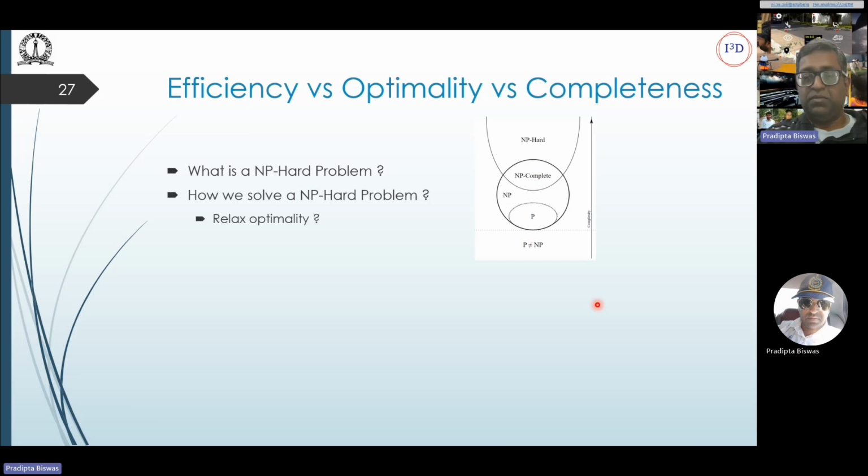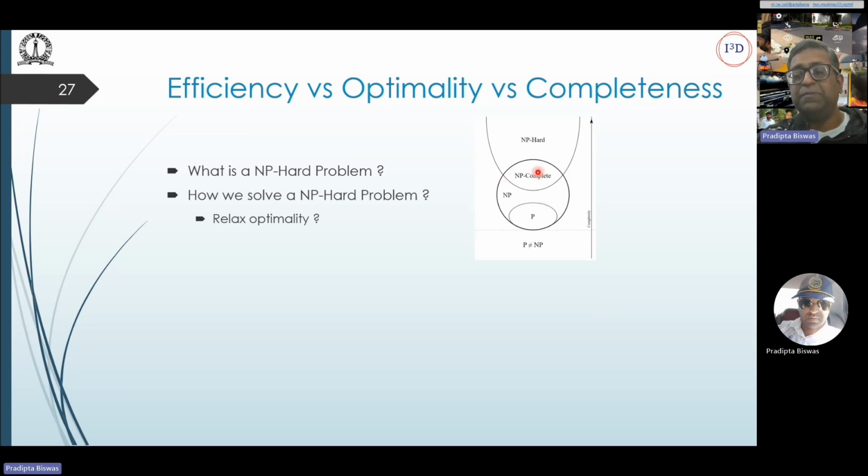Then there is the NP set, where we have a set of problems which are verifiable within polynomial time. What do we mean by verifiable? That whether they are solvable or not solvable can be checked within this polynomial time.